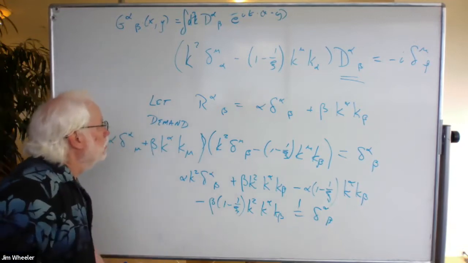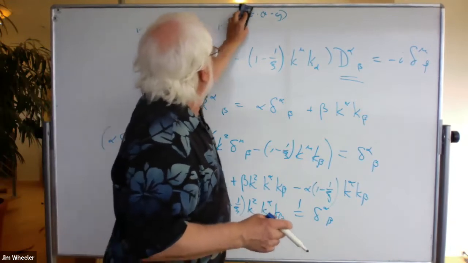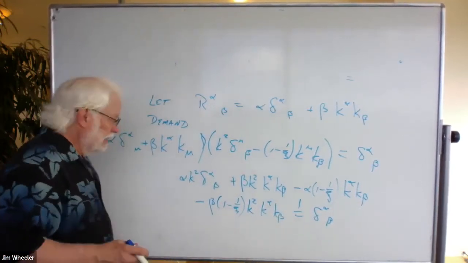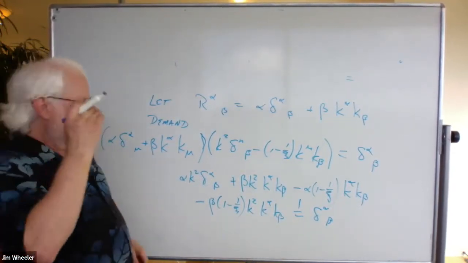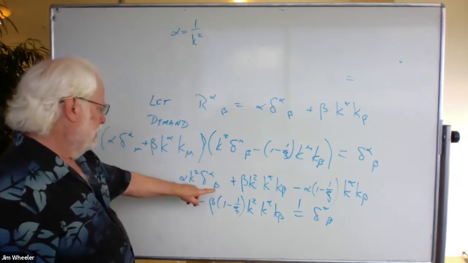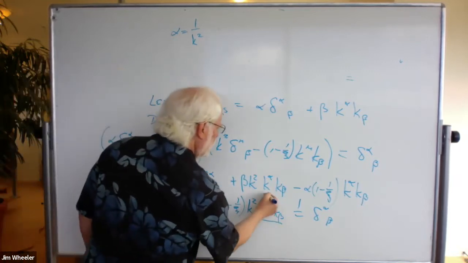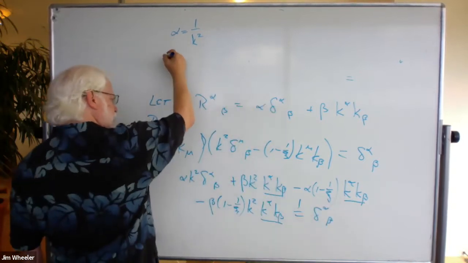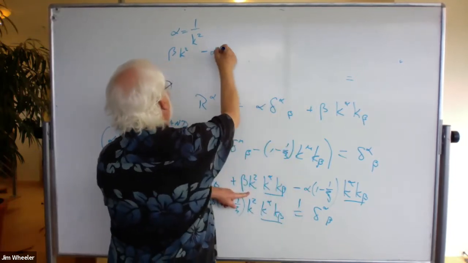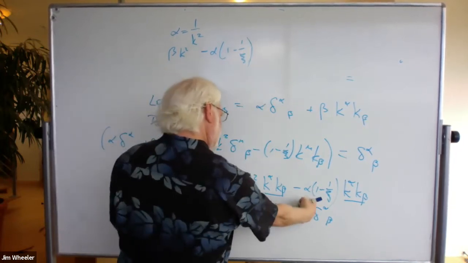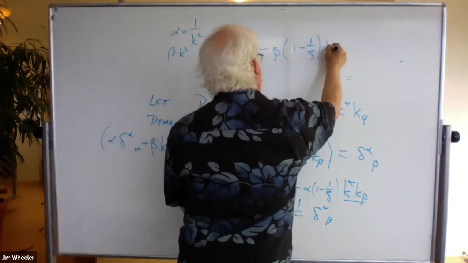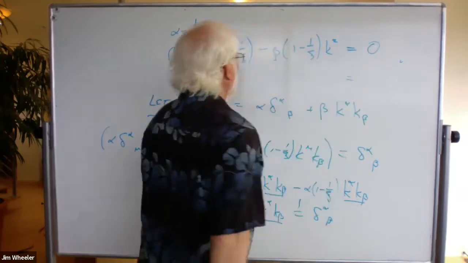Okay, so let me make space. But you see, unless this thing is a projection, this will work. We need alpha equal to 1 over k squared. Then what else do we need? All three of these terms are proportional to k alpha k beta. And so what we need is beta k squared, coefficient here, minus alpha 1 minus 1 over psi here, minus beta 1 minus 1 over psi k squared equals 0.